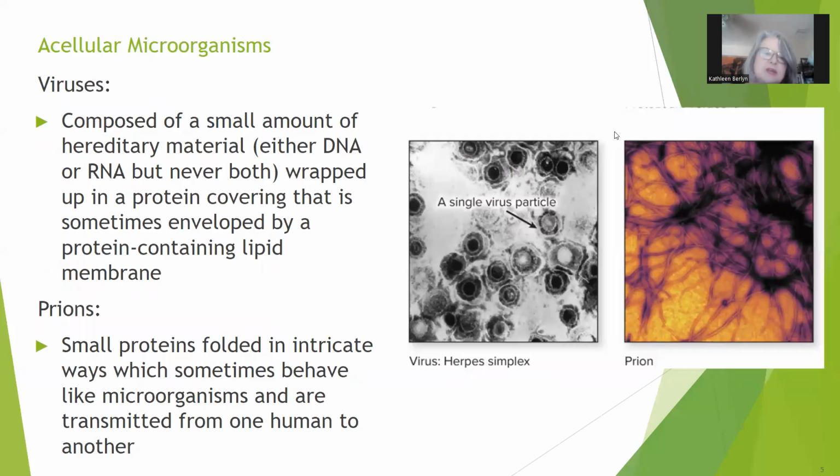The acellular microorganisms are the viruses, and here this is an electron micrograph. You won't see any viruses in the laboratory because we don't have the microscopes that can see them. Viruses tend to be much, much smaller than bacteria, but there are some giant viruses that have also been discovered.